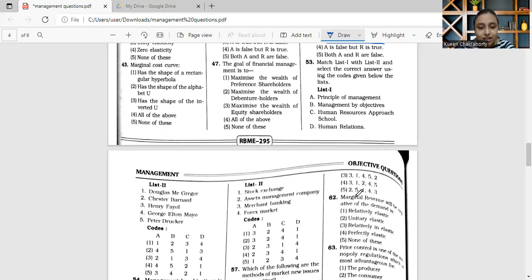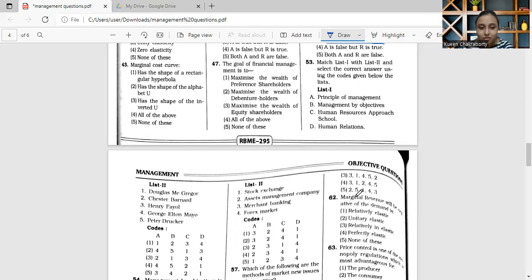The Human Side of Enterprise, written by him, marked the beginning of the human relations movement in the field of management. McGregor strongly believed that organizations that best utilize the human element and its potential would likely succeed in the present or near future. So that was his concept.